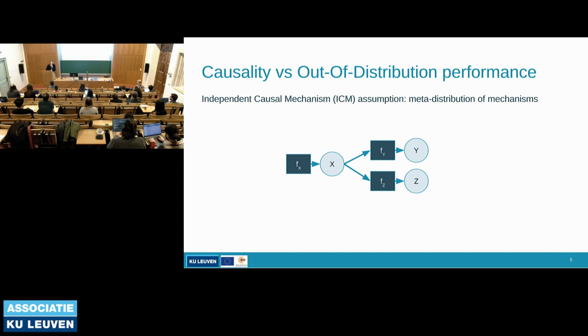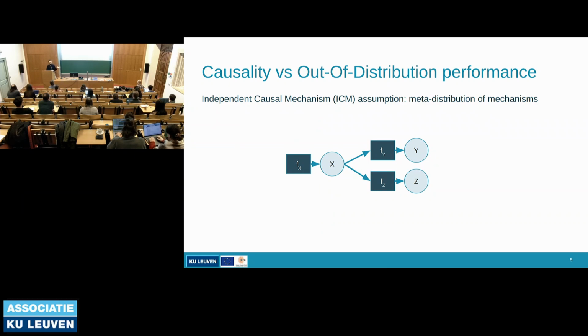The connection to out-of-distribution performance starts with an assumption called the independent causal mechanism assumption. Within a distribution you have your variables, which have a certain distribution, but among different distributions you might have different causal mechanisms, like the F's themselves might be different. The assumption is that they are not correlated over different distributions.